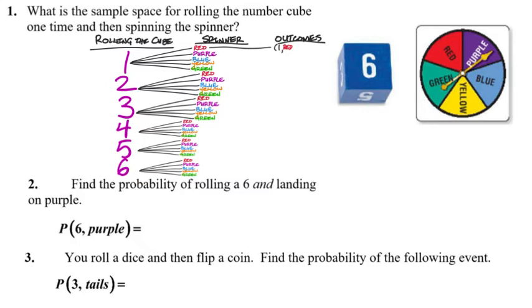It's going to be a little time consuming, and this is one of the reasons why we use the fundamental counting principle for these, but we're going to have one different outcome for each of these. For these first 5, each of the outcomes has a 1 right there. It's just going to be a different color, so the next one would be 1 and then purple.